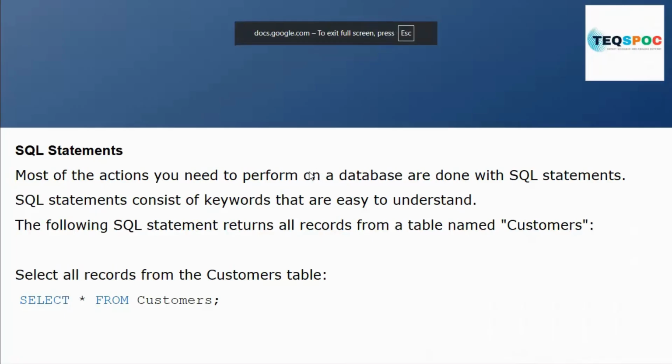If you want to select the data inside the table, the simple English term select is used for selecting. Then star means you will fetch all the data. If you write select star, all the table data will be taken out. From where? From the customer table. So this is basically a simple English sentence: select all from customer table.